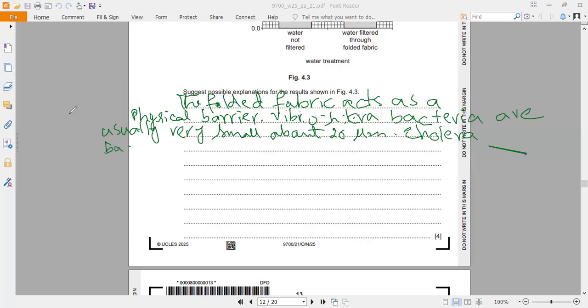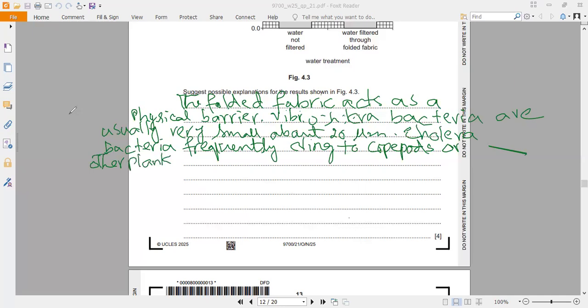clings to copepods or other water plankton that are larger.